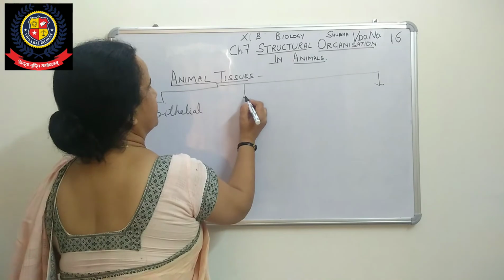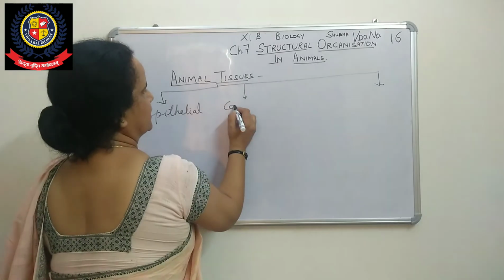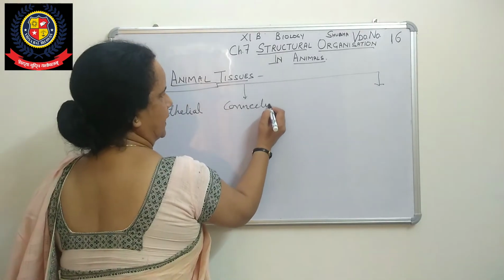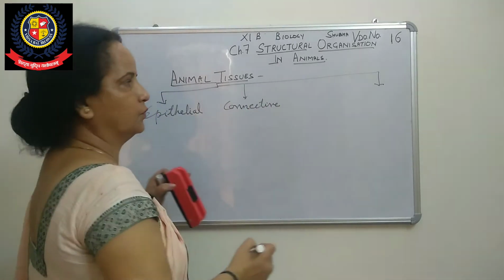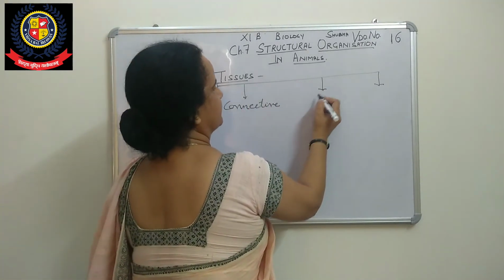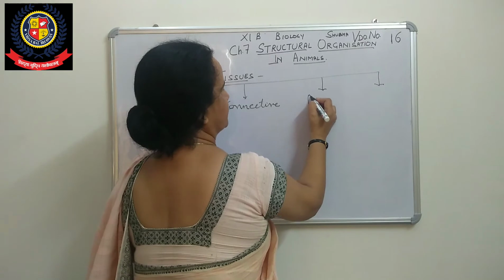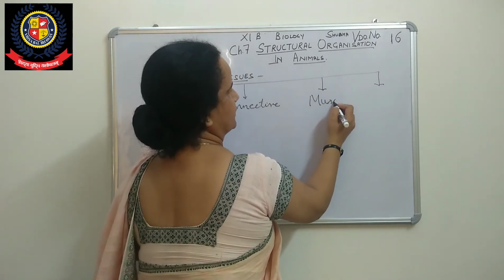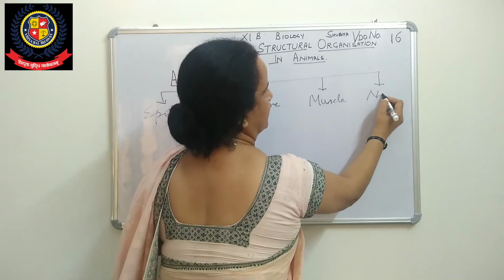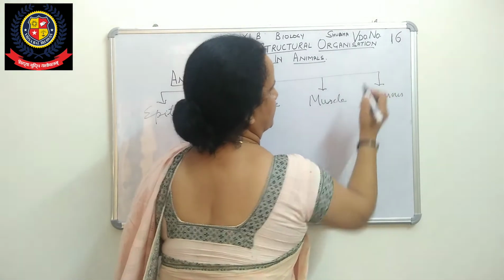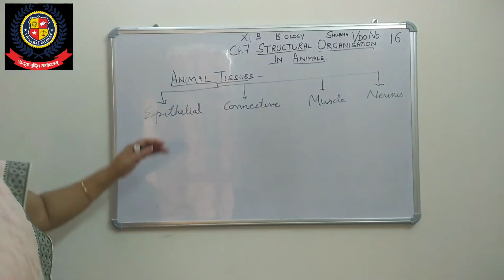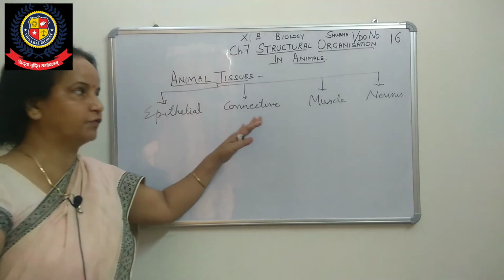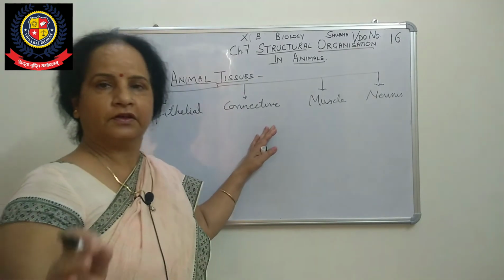Second, connective tissue. All these names you have already done in class 9th. Third, muscular tissue or muscle tissue. And fourth, nervous tissue. These are the main 4 types of tissues we have to study in this chapter.